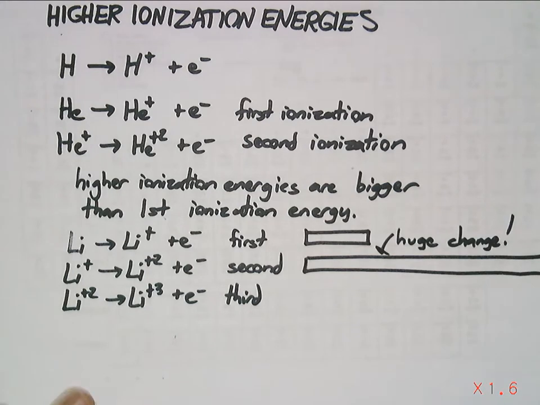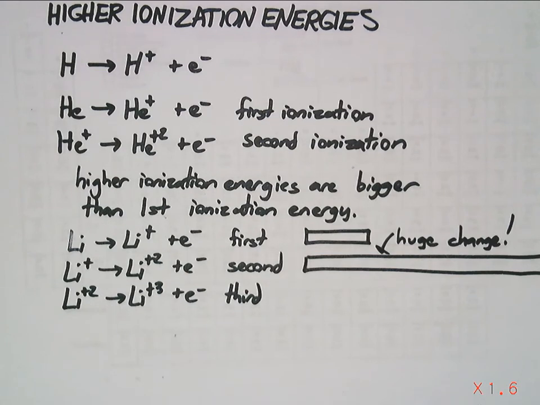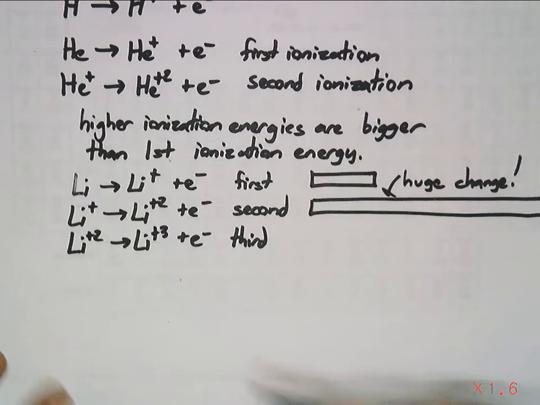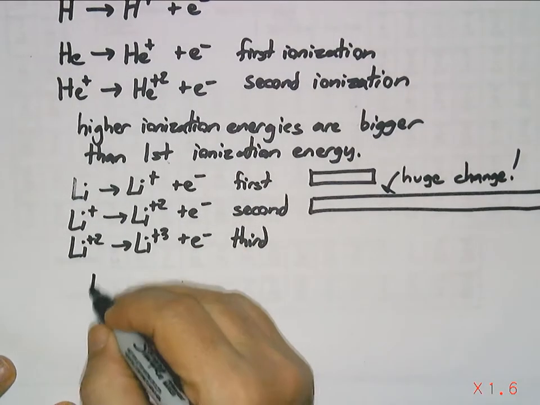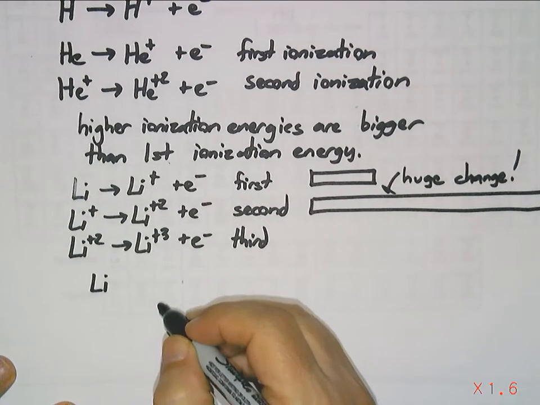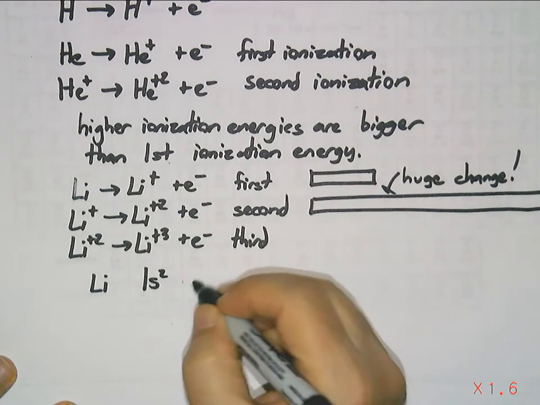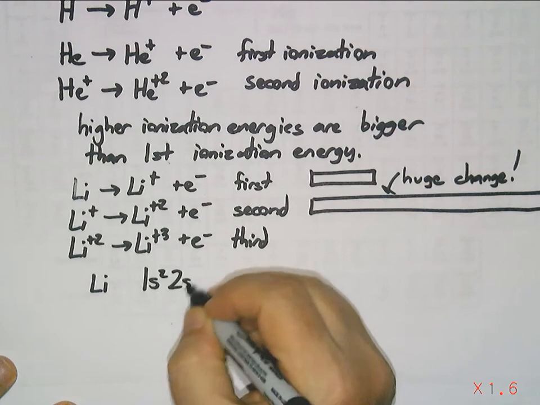Why is there this huge jump going from the first to the second? Is it all that much harder to pull the electron away? Well, it has to do with the electron configuration. If you've got a lithium atom, your electron configuration looks like 1s2, 2s1.